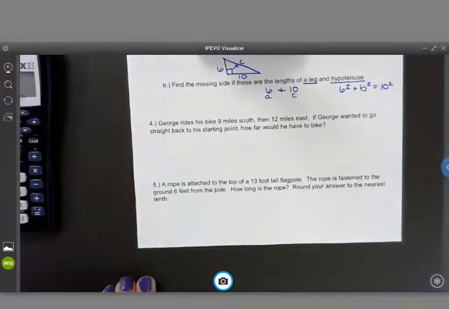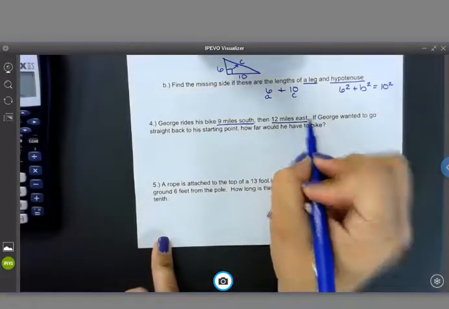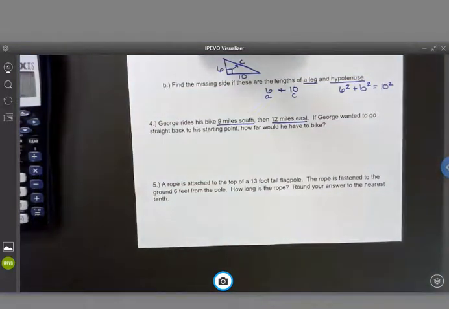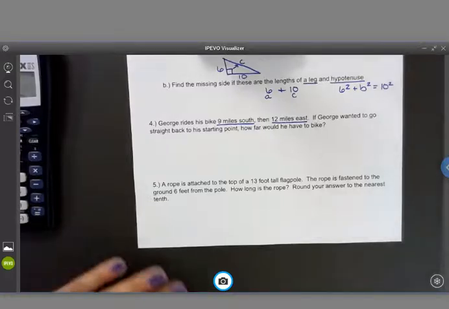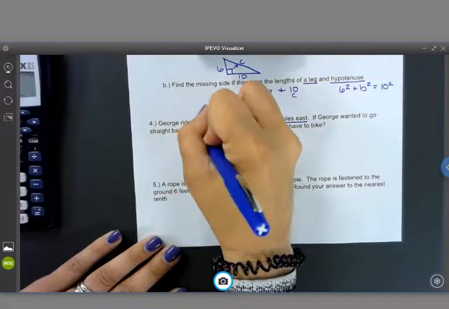All right, number 4. George rides his bike 9 miles south and then 12 miles east. If George wanted to go straight back to his starting point, how far will he have to bike? Okay, so here is his starting point.